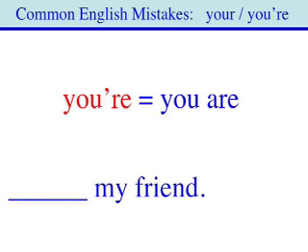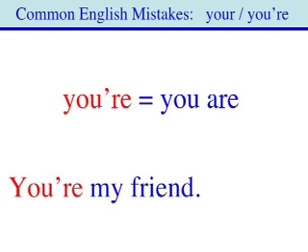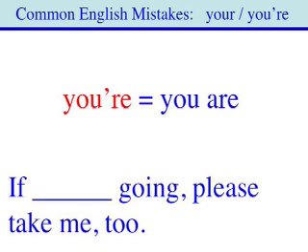But how do you spell your? Try the words you are in the blank and see if they make sense. You are my friend. If this makes sense, then the your that means you are is the correct your to use. And the sentence will read, you're my friend.